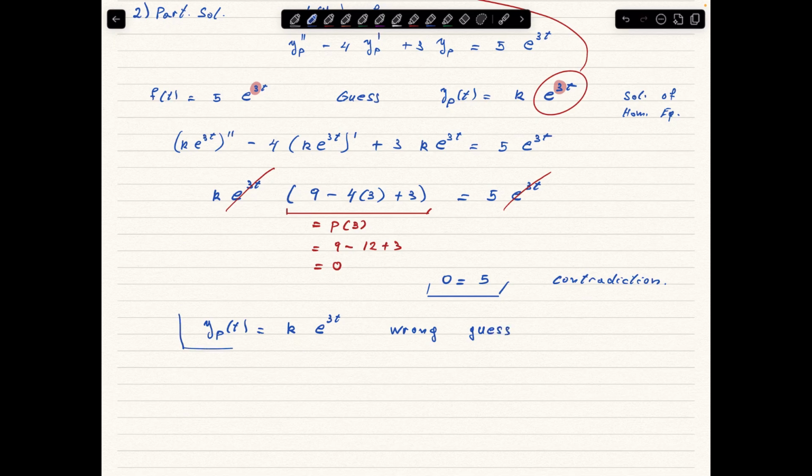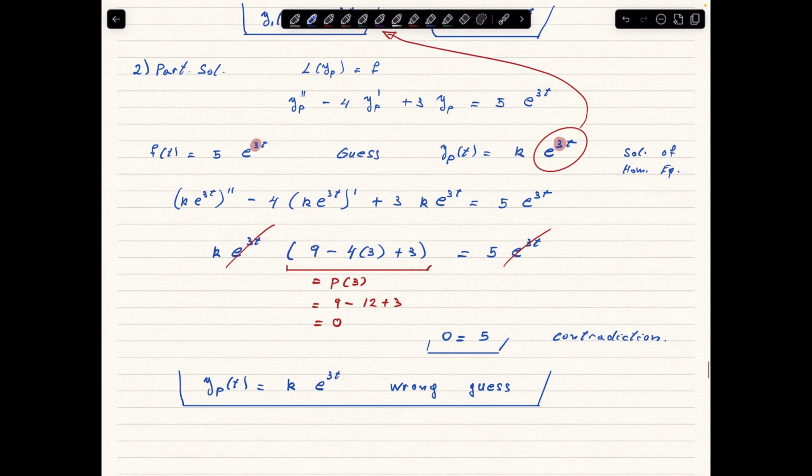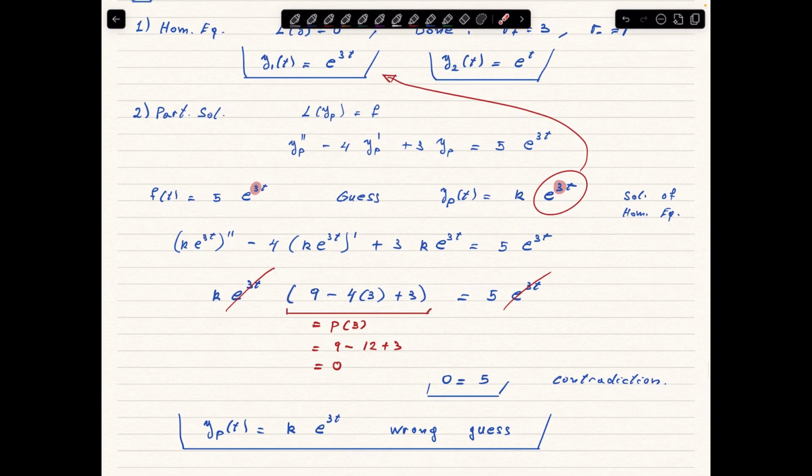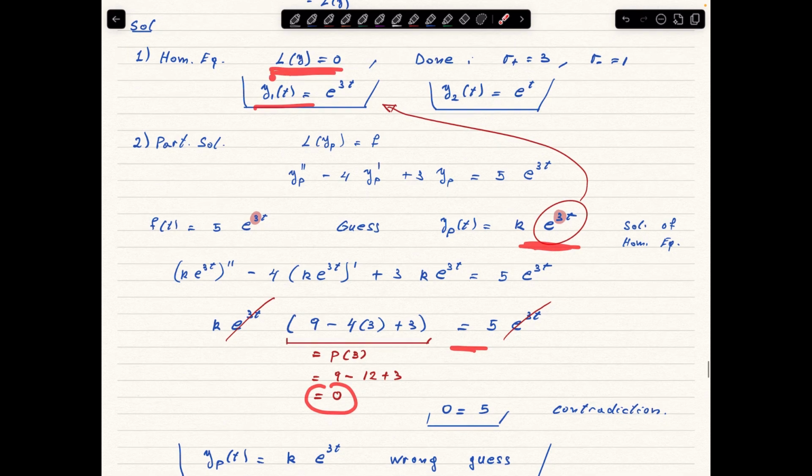That is what is happening here. And why do we get 0? Well, we get 0 here because it has to be 0: we are guessing a solution for a non-homogeneous equation with a function that is actually a solution of the homogeneous equation. It has to be 0 because 3 is one of the roots of the polynomial.